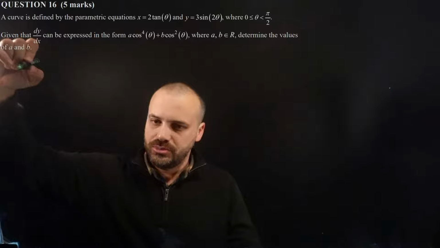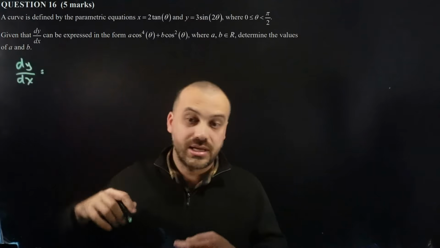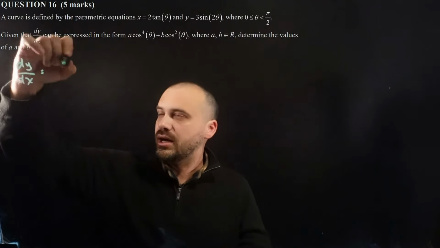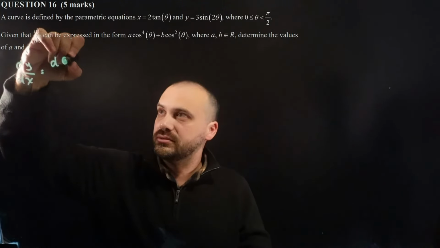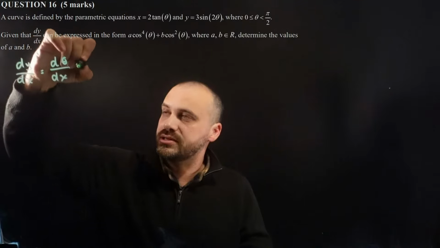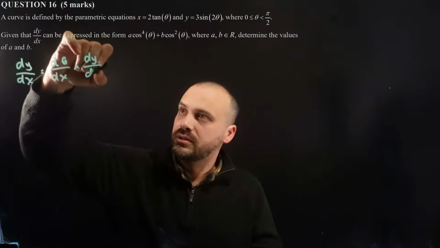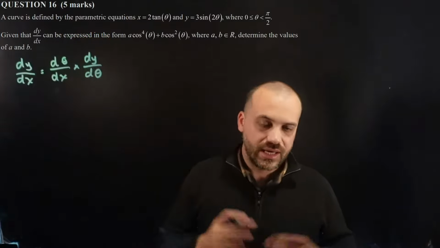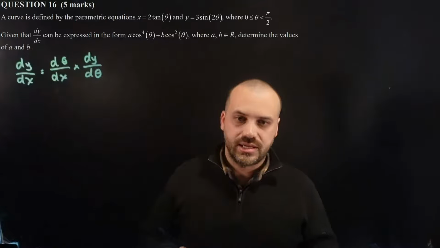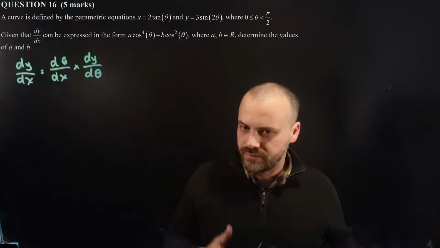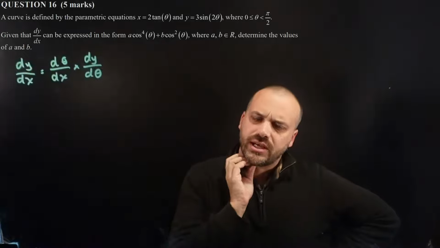So we should be able to write this, dy dx equals, and here's how I like to write this, d theta over dx, times dy d theta, the other thing. So now I just need to find out these things here. Once I've got that, I'm in business. All right, how am I going to find that?